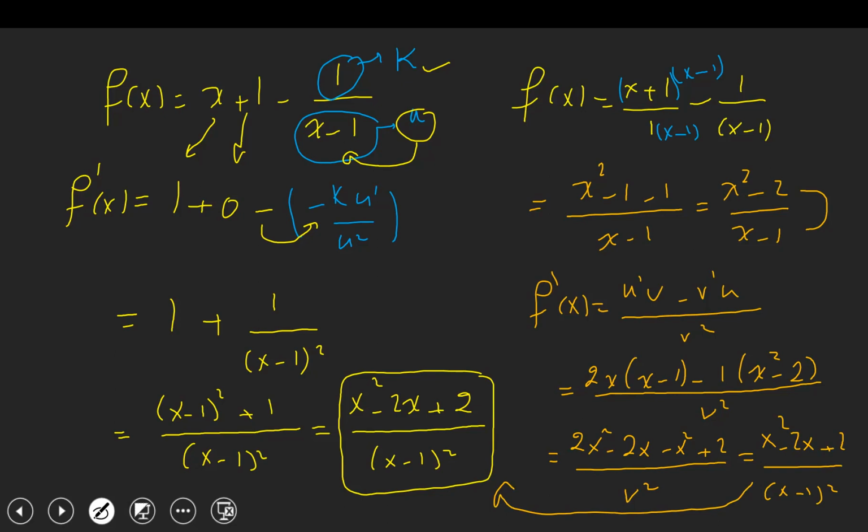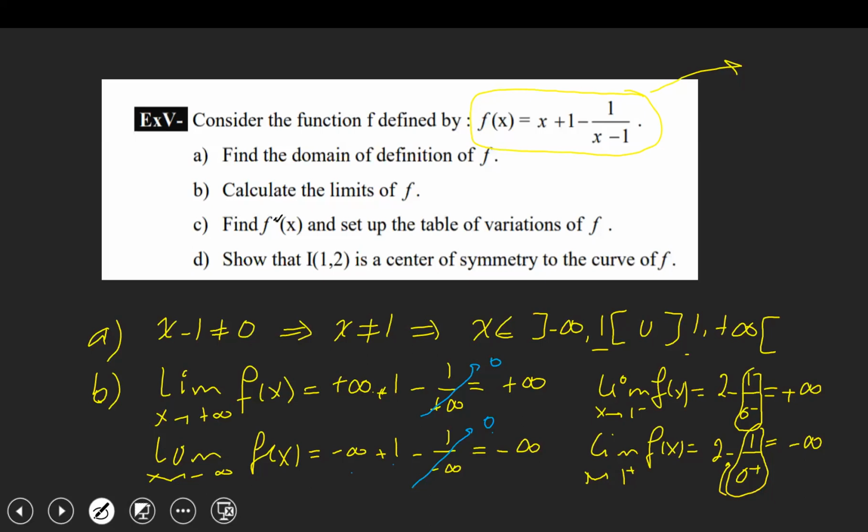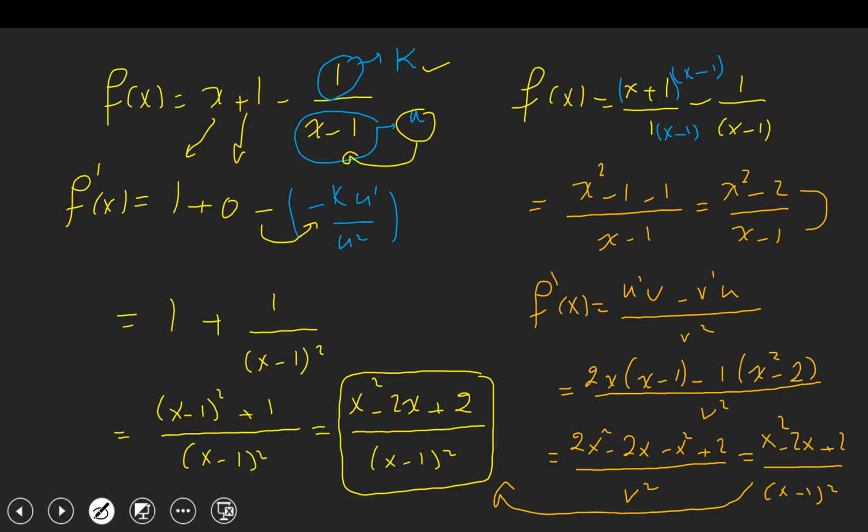Now, after finding the derivative, we are asked to set up the table of variations. Pay attention to how we are going to set up the table of variations. We have, in fact, x squared minus 2x plus 2 divided.